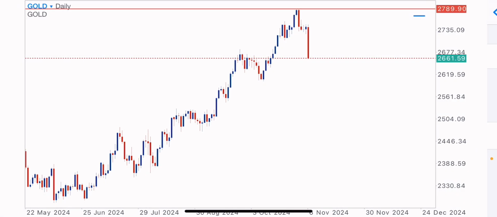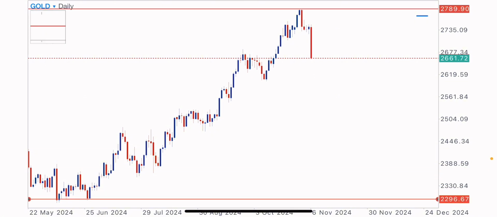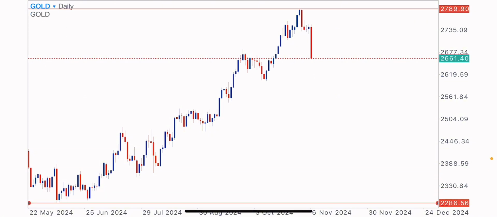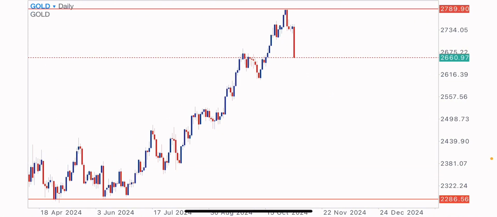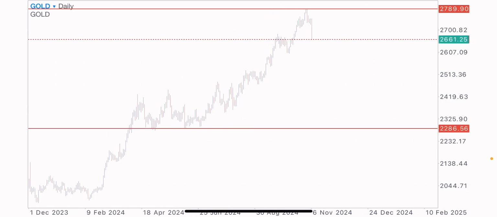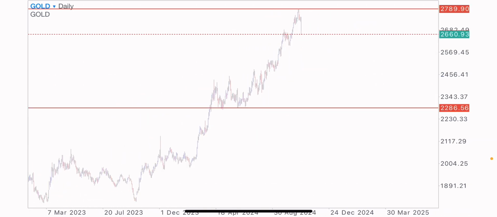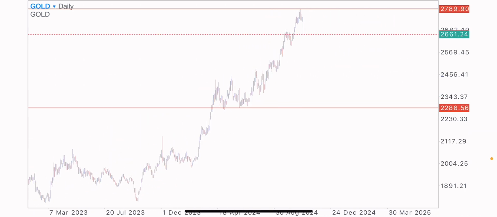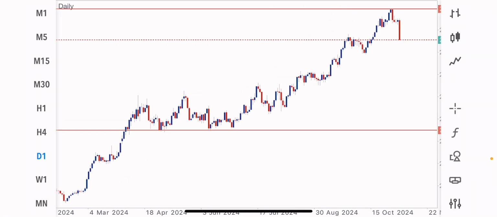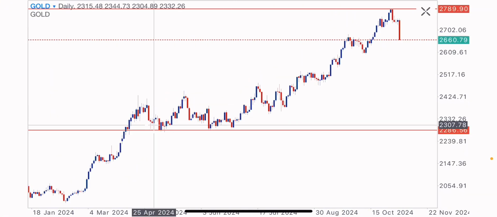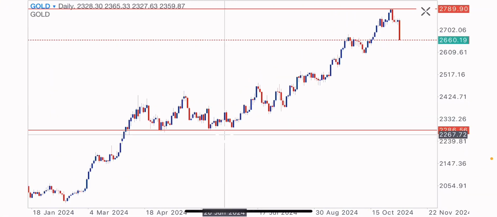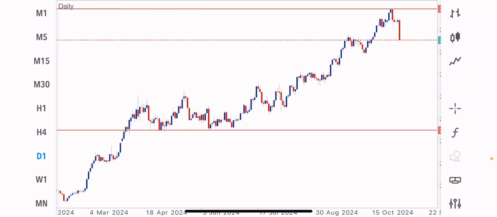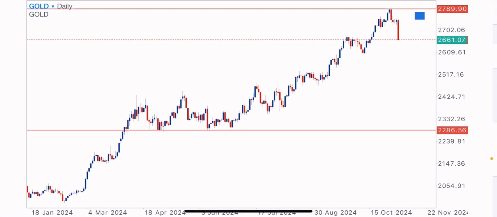And our lowest zone is here at 2286, which is this currently, right? So we are looking at the current market price, not the previous market price, whereby the market created a form of rejection at this point here, right? Let me highlight it for you. Let me highlight this area.